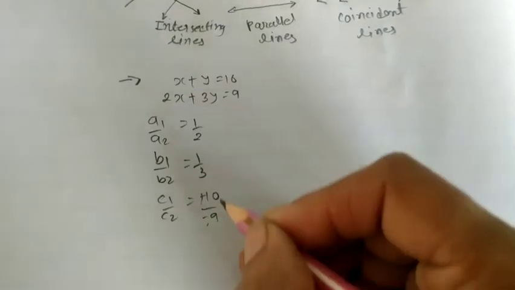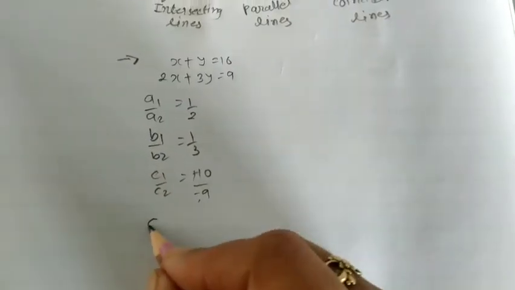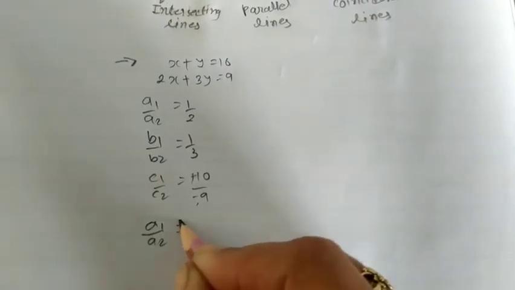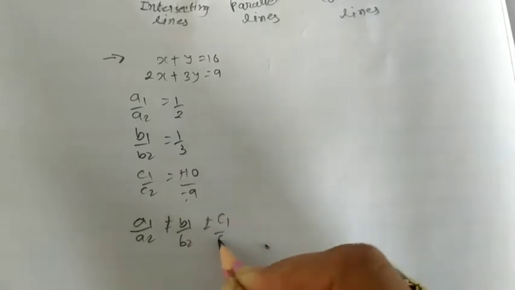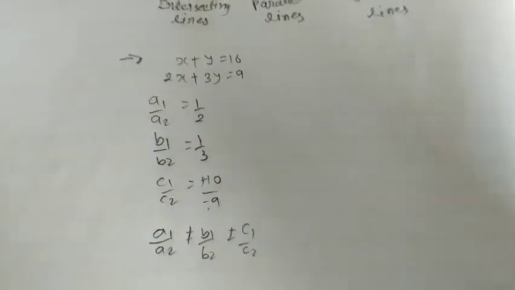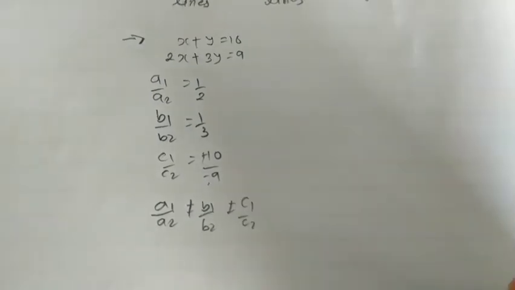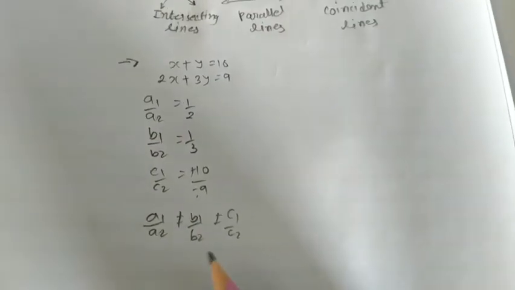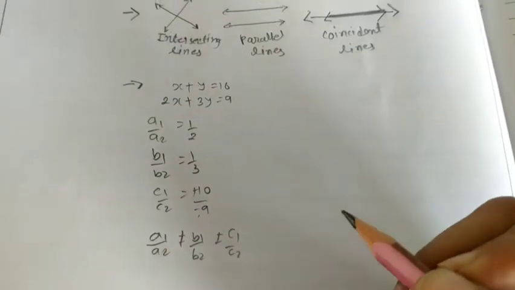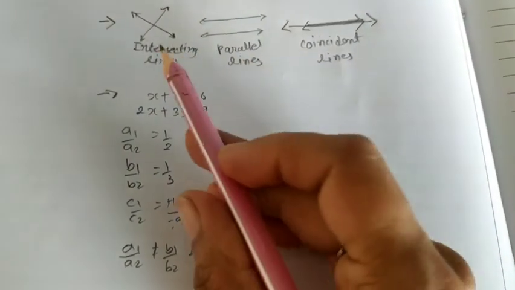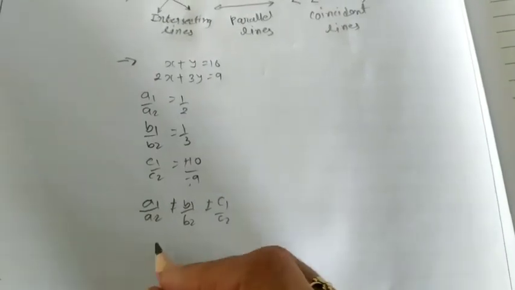All three are not equal, that is a1 upon a2 is not equal to b1 upon b2, which is not equal to c1 upon c2. When we form the graph, we get intersecting lines.